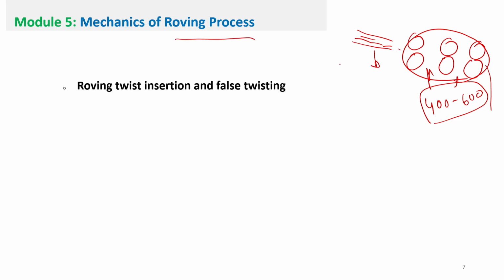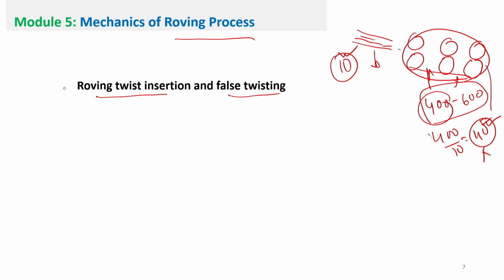Suppose it shares a draft of 10, then in the ring frame it will be 400 by 10, so a draft of 40 is possible in the ring frame. That is why roving is important for ring spinning. In roving we will see how the twist is inserted, and how real twist and false twist are inserted.